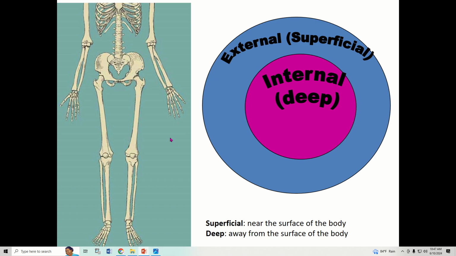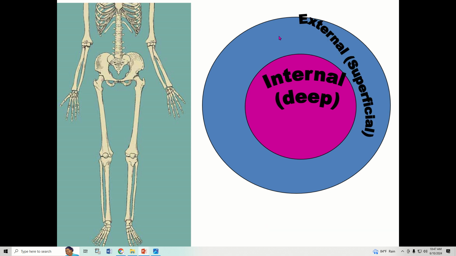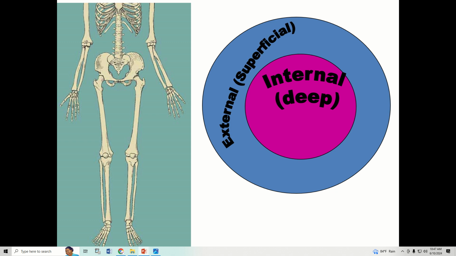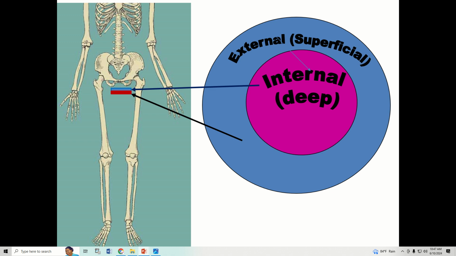Superficial and deep. Superficial means near the surface of the body, and you cannot say superficial means superior, anterior, or inferior. It is the superficial which is near the surface of the body.